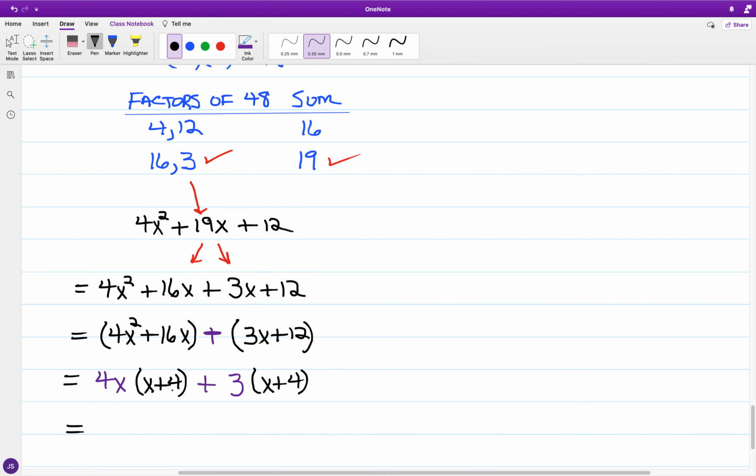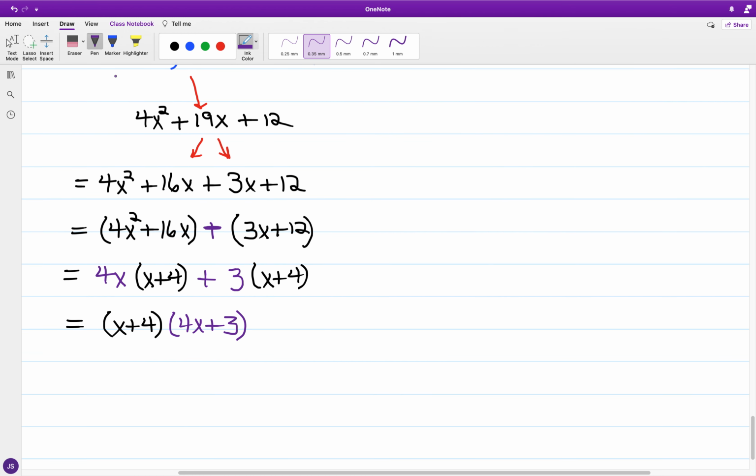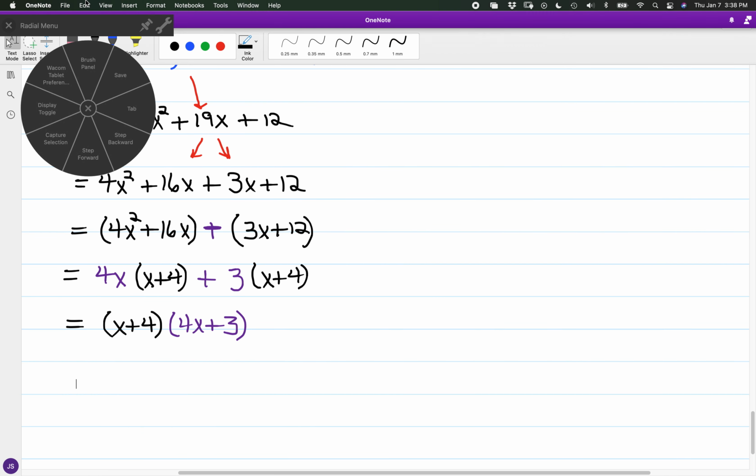And if you notice, we have a common factor from the pairings, x plus 4. And the other factor is going to stem from the outside terms and operations. So we want 4x plus 3.